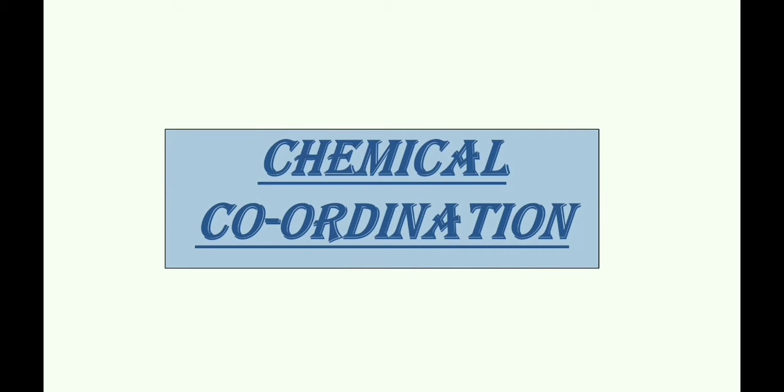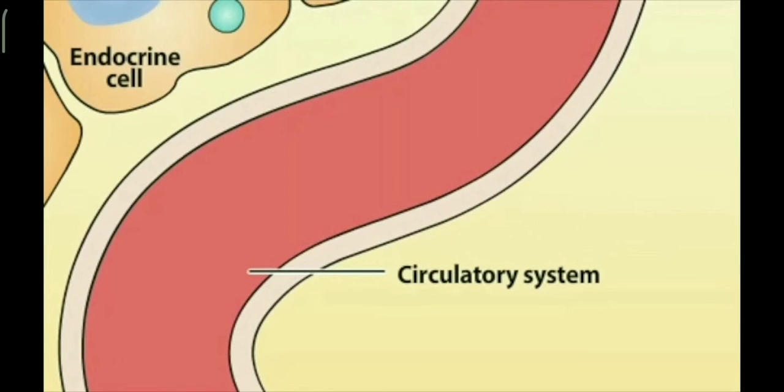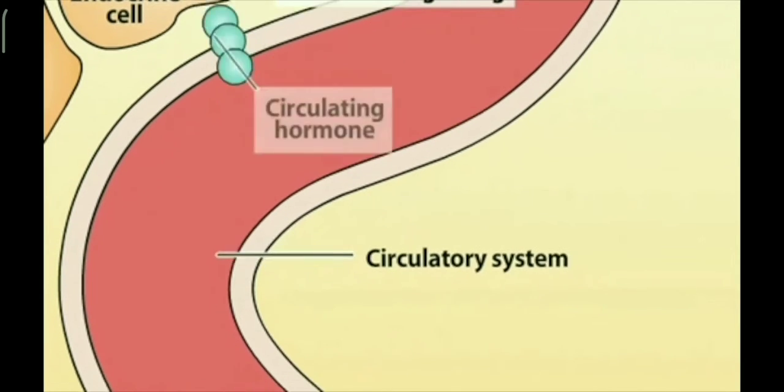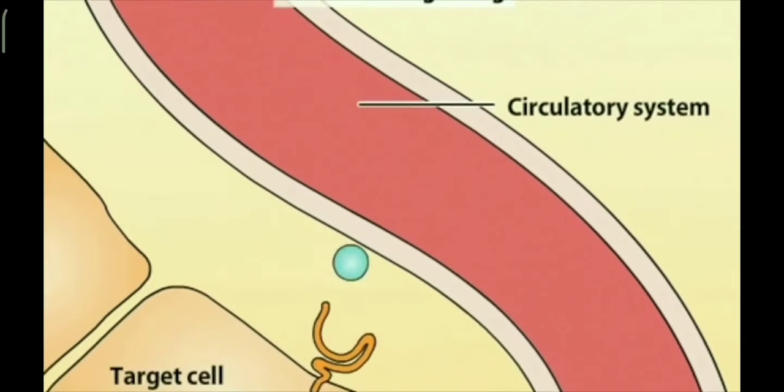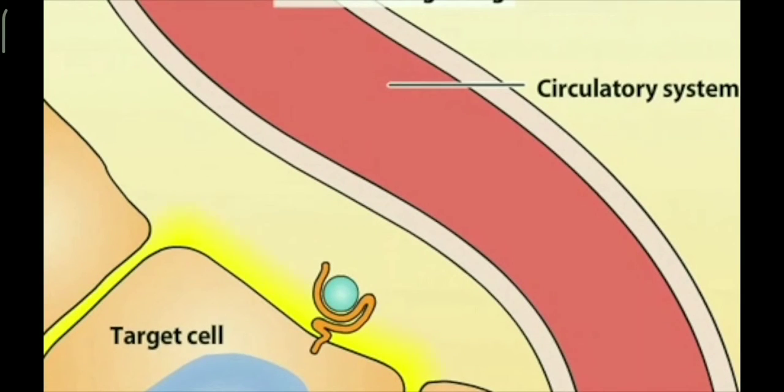Today, we'll start with chemical coordination. The cells and organisms communicate with each other through chemical signals, and they are broadly classified into 4 types. Cells that release secretions to stimulate distant or target organ cells are called endocrines.